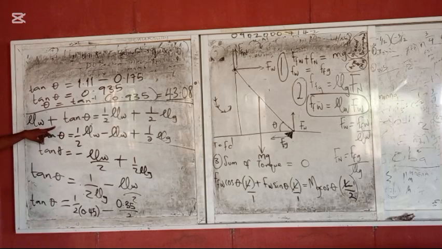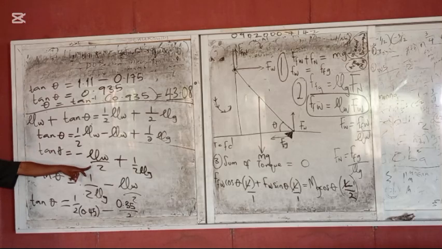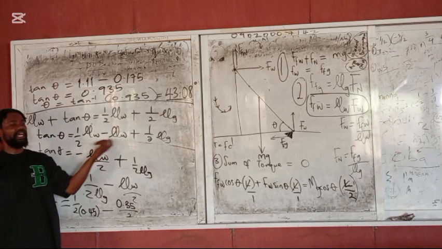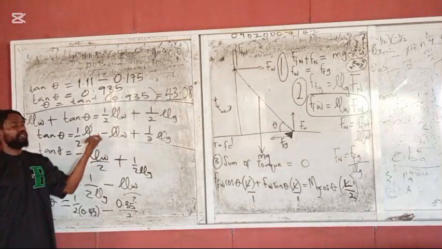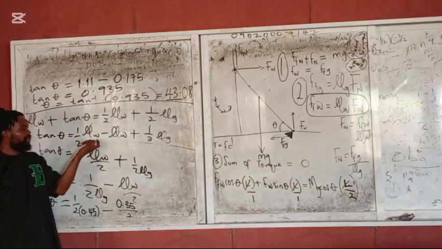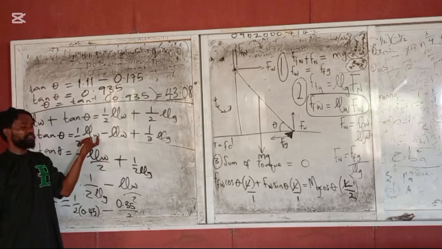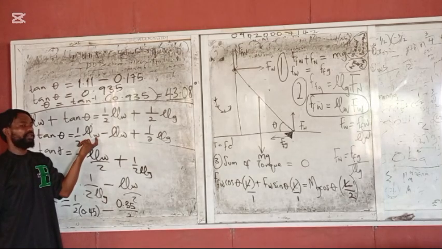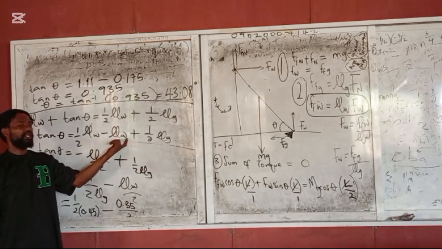Okay, guys. See that I have tan theta and I have this. I want to make tan theta the subject of the formula. How I got this answer: this thing and this thing are the same. If this is UW, it's going to be divided by 2, and this one is being divided by 1.